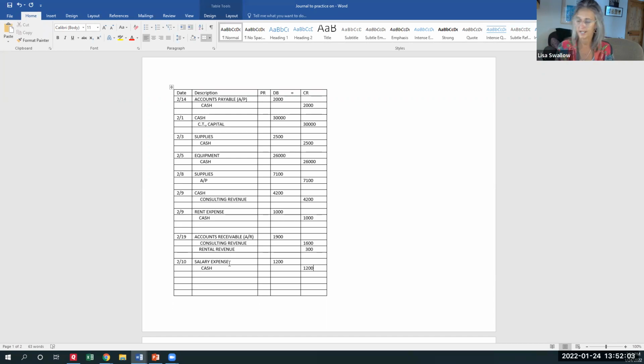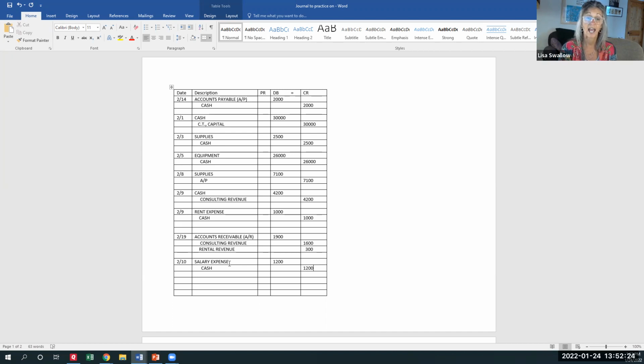And I go on and I read the next one, 1C. I paid $39,000 for equipment purchased. Make the journal entry. How does it impact your accounting equation? Assets, liabilities, expenses.